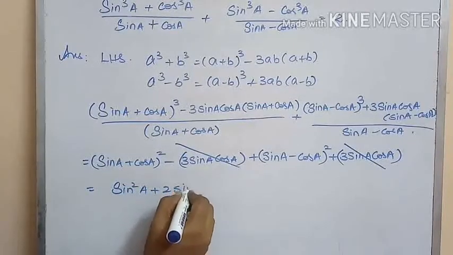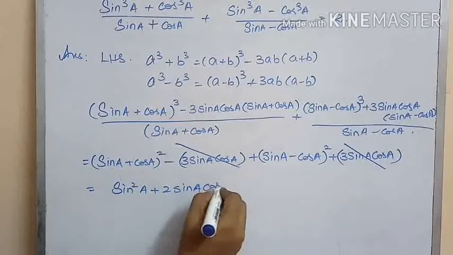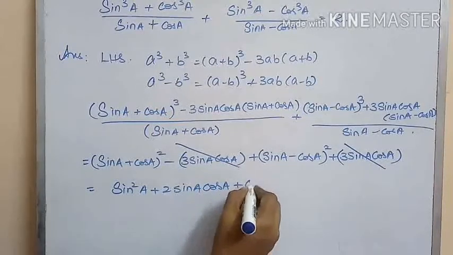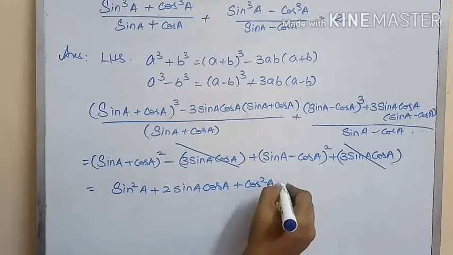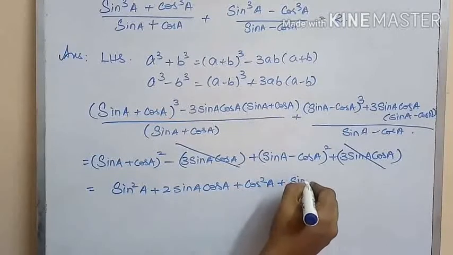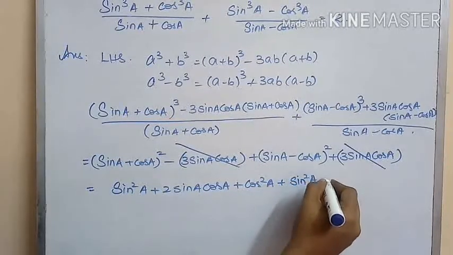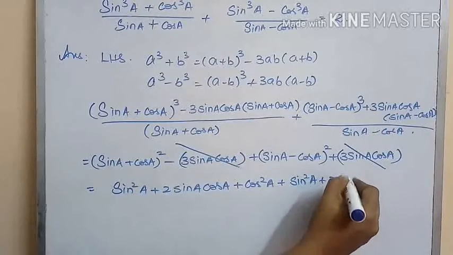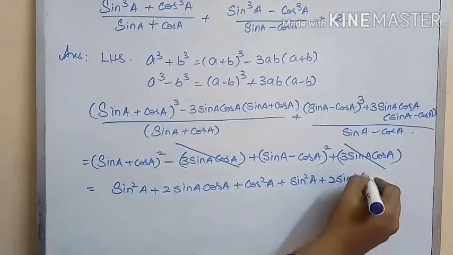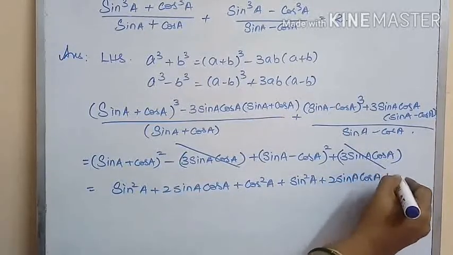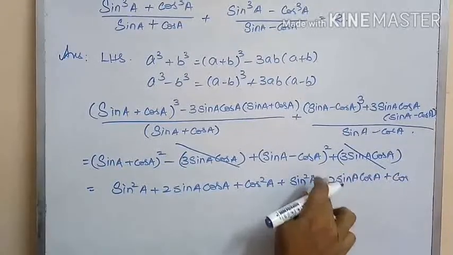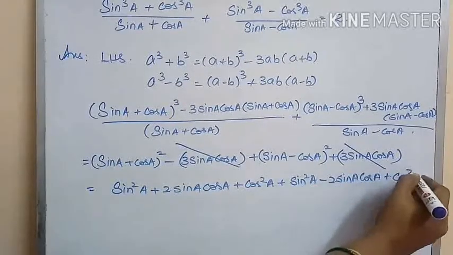So we have sin a plus cos a the whole square, which can be expanded as sin squared a plus 2 sin a cos a plus cos squared a, and sin a minus cos a the whole square can be expanded as sin squared a minus 2 sin a cos a plus cos squared a.